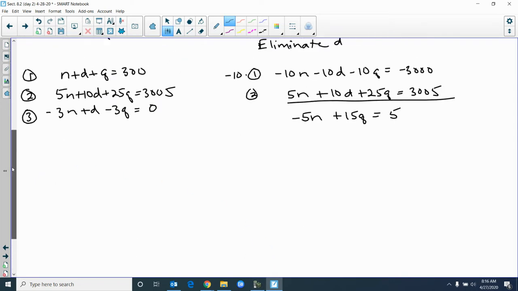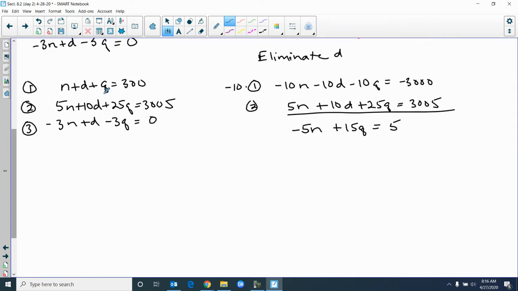Now I got to eliminate d with either 2 and 3 or 1 and 3. I'm going to do 1 and 3, and I'm going to multiply 1 by negative 1. And that's going to give me negative n minus d. Let me just circle this one here or highlight it so I can come back to it.